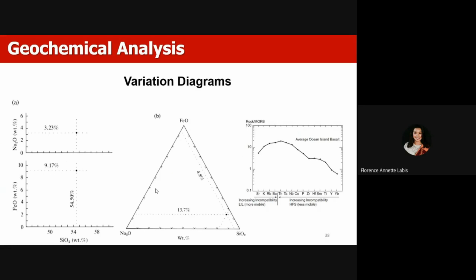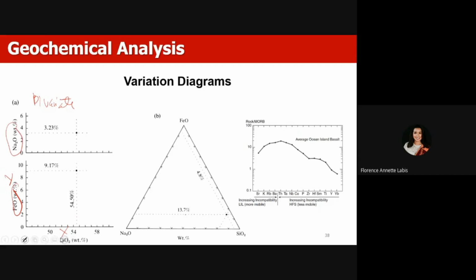So this is an example of a Cartesian or bivariate plot, with two variables, x and y. The y here is FeO and sodium oxide, while the abscissa is the silica.